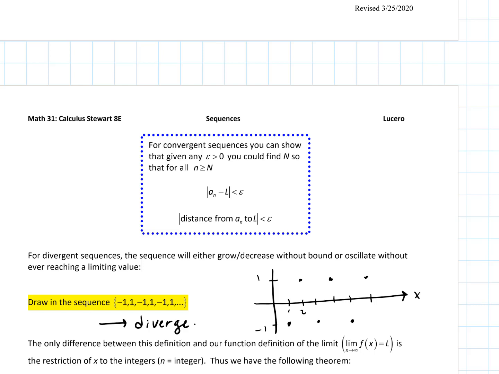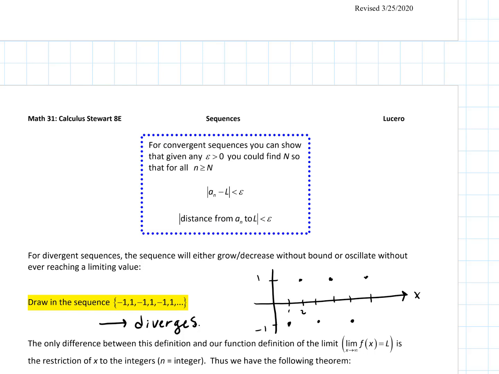So this guy diverges. Those are just two of the very first examples of convergence and divergence of sequences. So 1 over n will actually converge, and we can show that it converges to 0. Now the sequence -1, 1, -1, 1, -1, 1 actually diverges. It's just going back and forth, and never coming to a finite value.